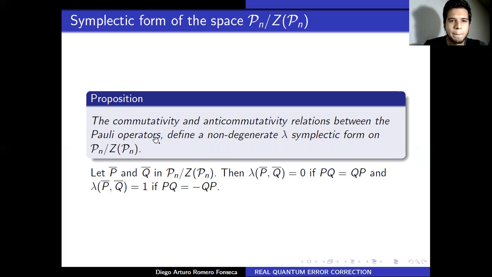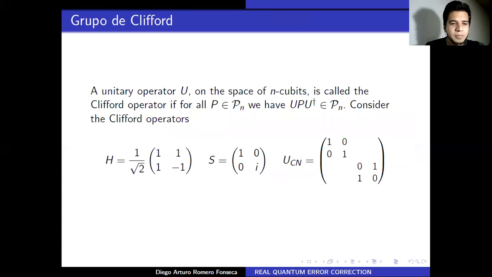If you have P and Q cosets, the symplectic form lambda looks like this. Lambda is 0 if P and Q commute, and is 1 if P and Q anti-commute. In fact, this symplectic structure is what will lead us to the construction of correctable subspaces. That's why it's so important.